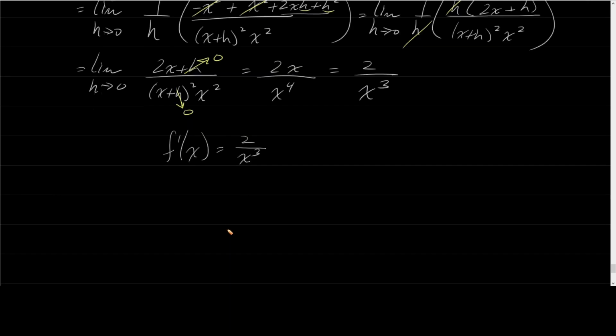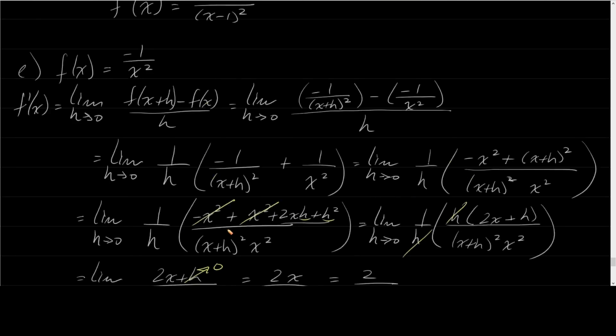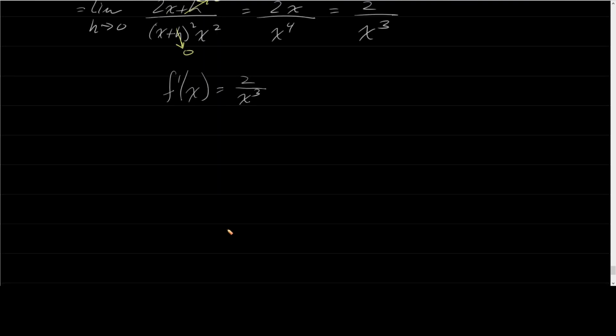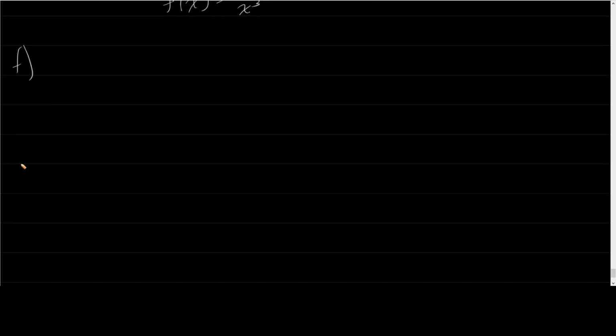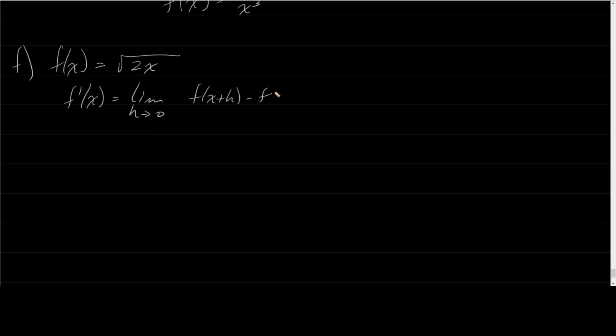Next one. So that was E. F. Let's say that I had the following: f of x being equal to the square root of 2x. All right, so we're going to find the derivative of that. So here, again, we'll start with writing our definition. f prime of x is equal to the limit as h goes to 0 of the difference quotient.